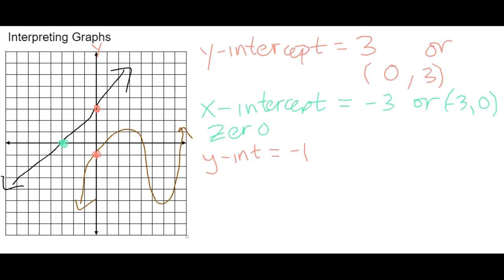It still has x-intercepts or zeros at 1, 4, and 7.5.